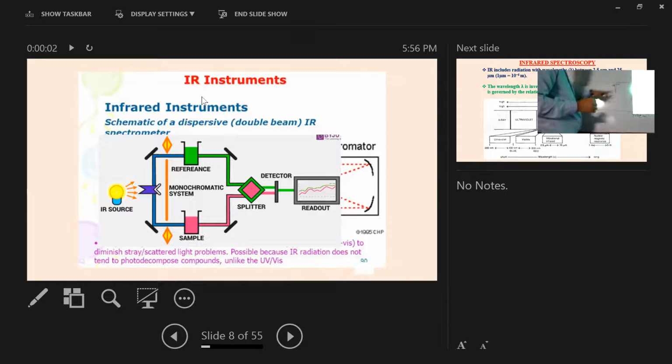When it crosses this region, again exactly the same intensity for this one and this one, because the water molecule is not absorbing the light at all. Therefore, we will have the same intensity for reference and the sample.